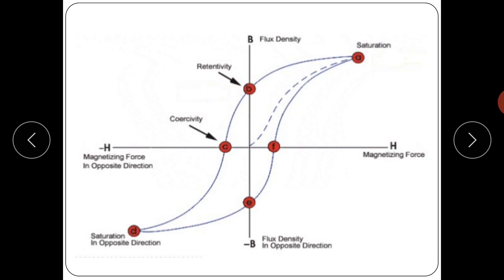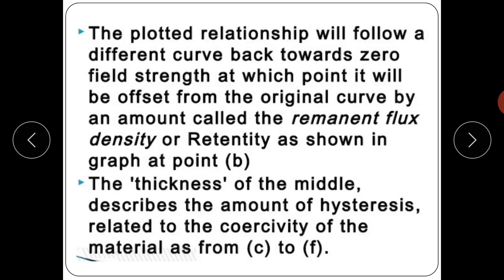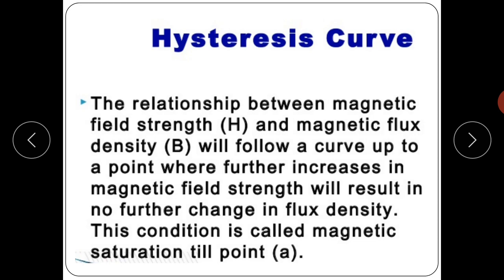When a ferromagnetic material is subjected to increasing or decreasing magnetic field, the relation between magnetic field strength H and magnetic flux density B follows a curve up to a point where further increase in the magnetic field strength results in no further change in flux density.